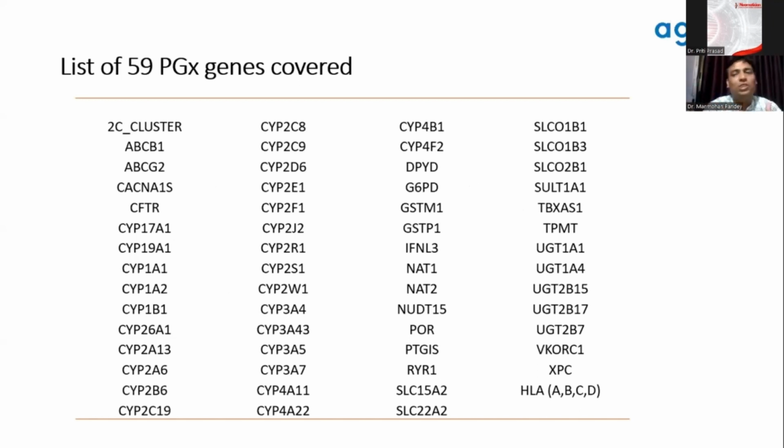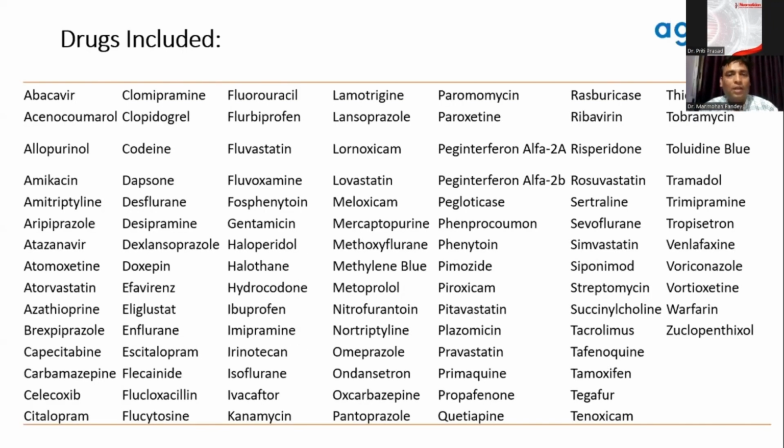Around 32 genes are covered right now. More than 200 genes are covered overall, but these are the major genes for which we have pharmacogenomics recommendations, out of which 32 are most important. Now there are more than 100 drugs included in pharmacogenomics.